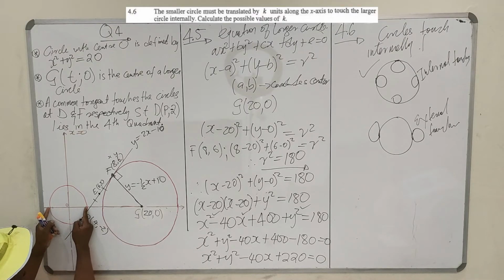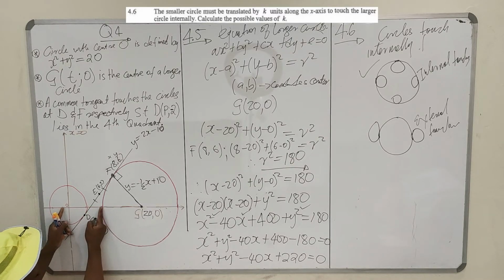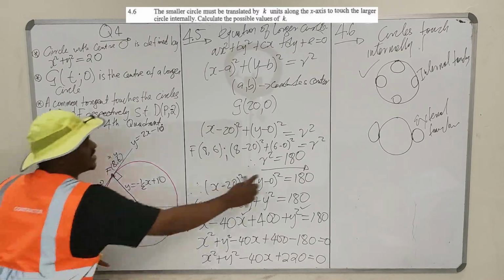Look, from here, where my fingers are sitting is the circumference of my circle. So if I move like this, you can see that they are touching externally. You have this situation here.